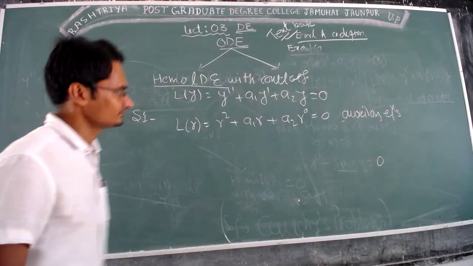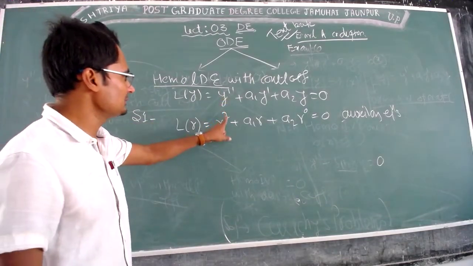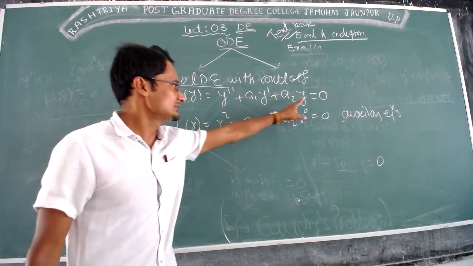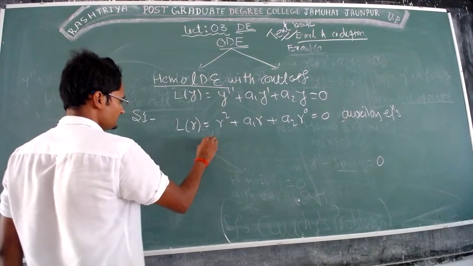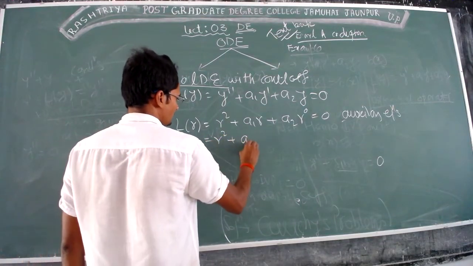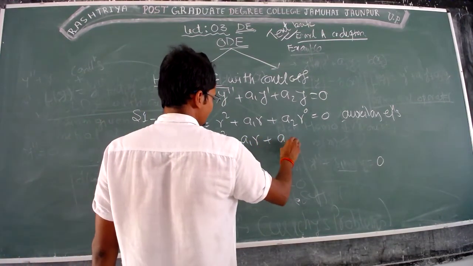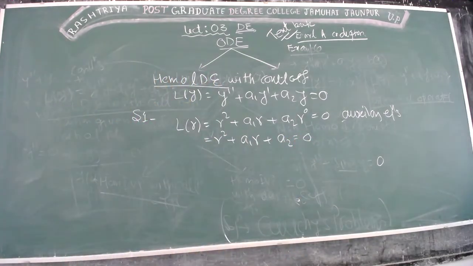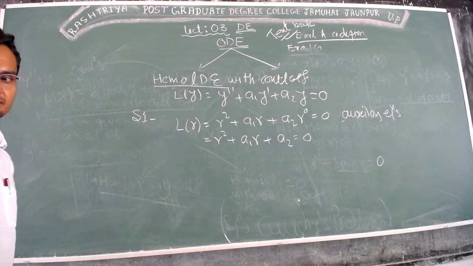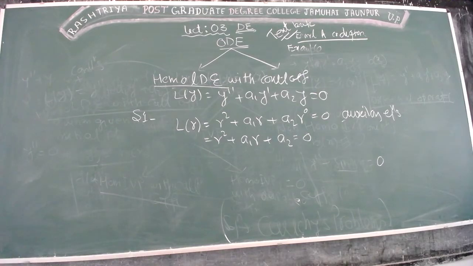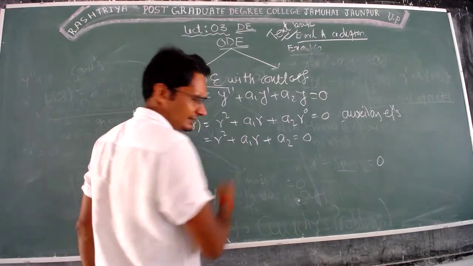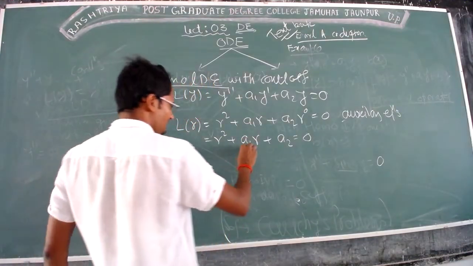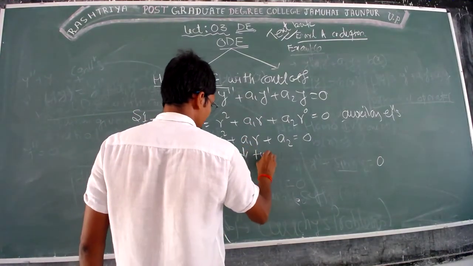For the second derivative it will be r^2, for the first derivative r, for the zeroth derivative r^0. So this comes out as r^2 + a1r + a2 = 0. This is a quadratic equation. We are all aware that a quadratic equation definitely has two roots, right?